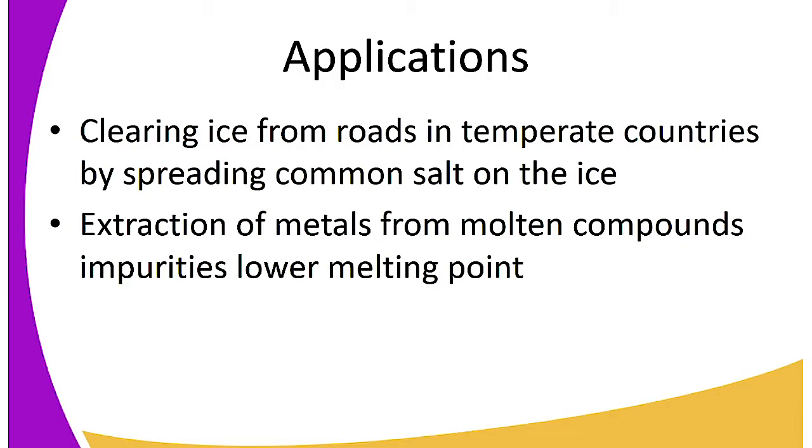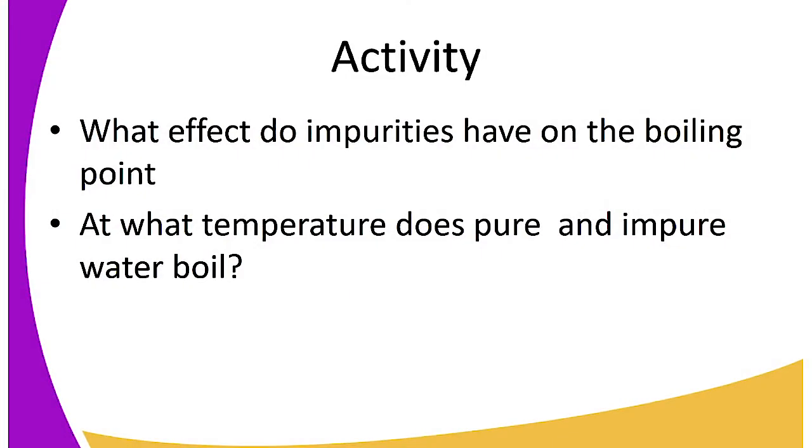So how do we do it? Clearing ice from roads, let's say in regions where there is a lot of snow, is done by spreading common salt on the ice, and this makes the ice melt faster. It's also used in extraction of metals from molten compounds. Impurities lower the melting point, and therefore it's going to be cheaper.